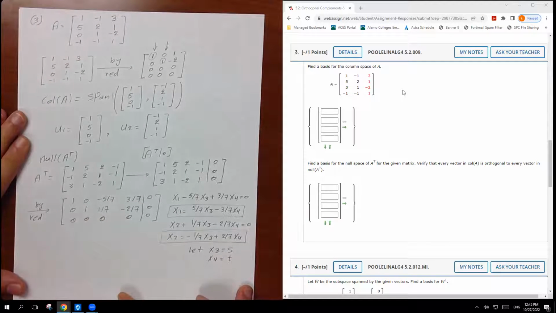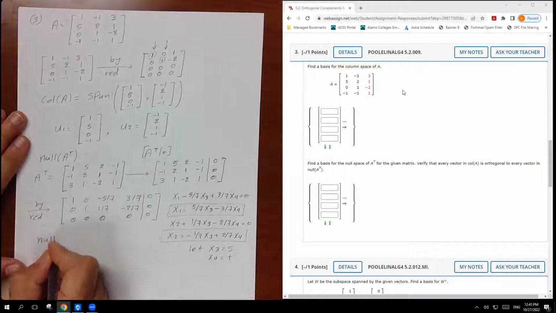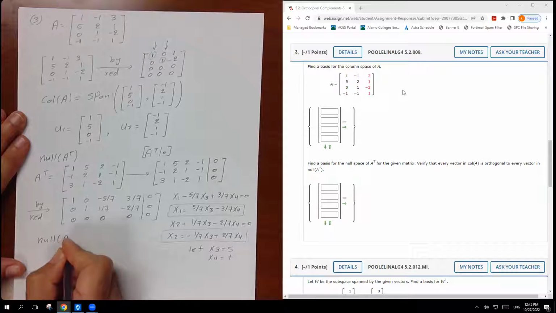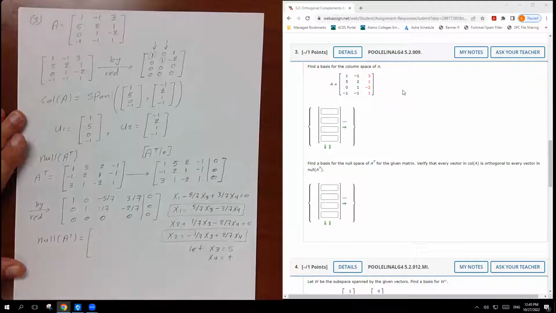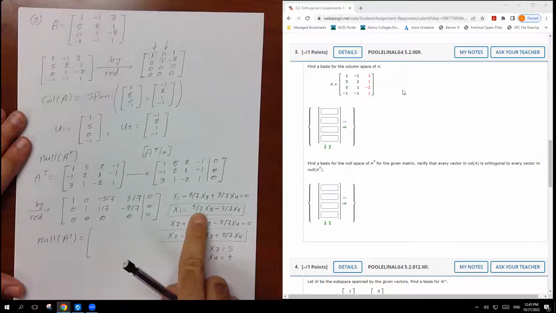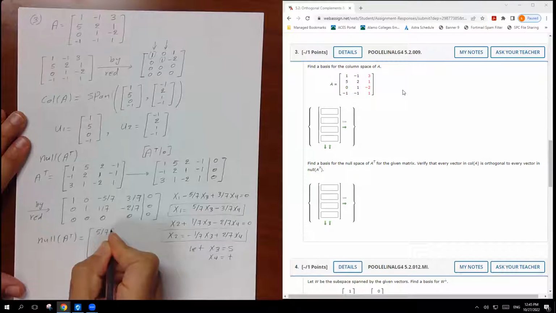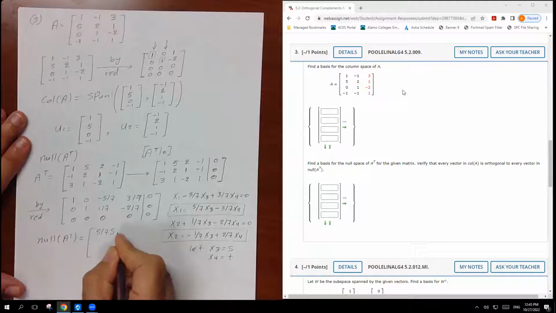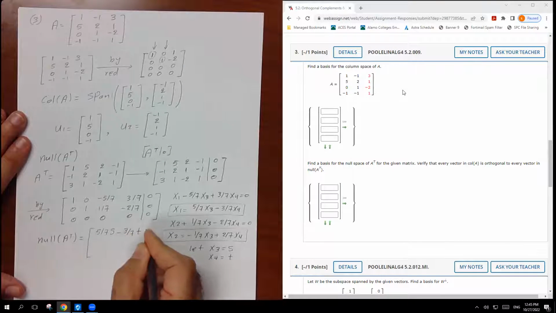That means the null space of A transpose is going to be equal to: x1, which is 5 over 7 x3, which is s, so 5 over 7 s minus 3 over 7 t.